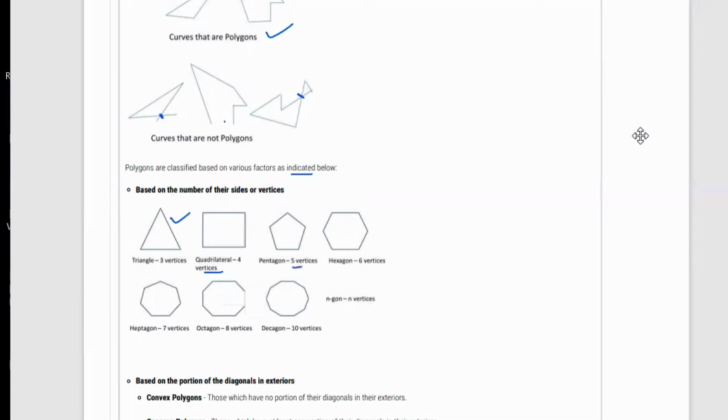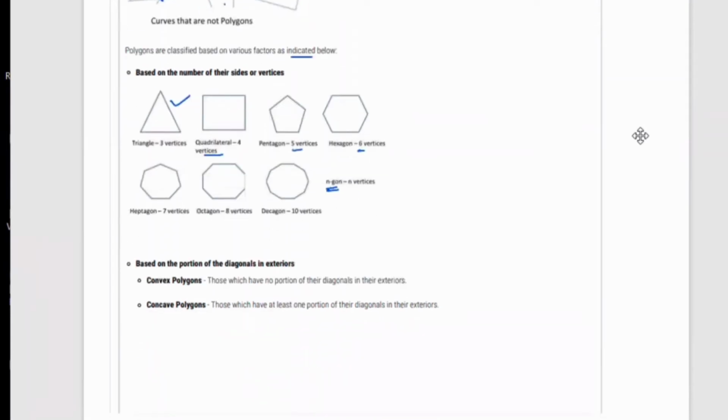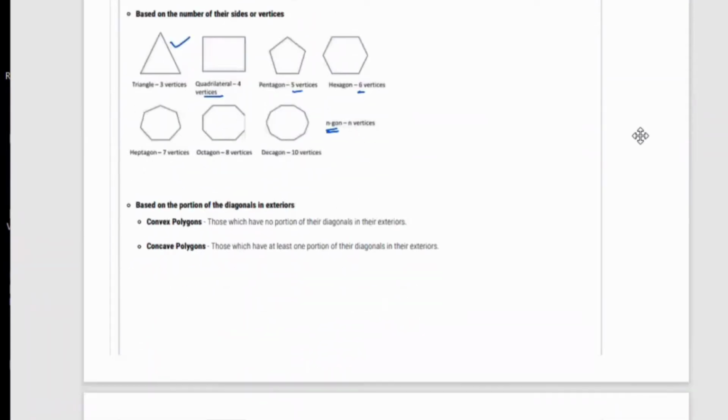Five sides, pentagon. Six sides, hexagon; seven sides, heptagon; eight sides, octagon; ten sides, decagon; nine sides, nonagon; and n sides, generally n-gon. These are some types of polygons based on the number of sides or vertices present in the given polygon.